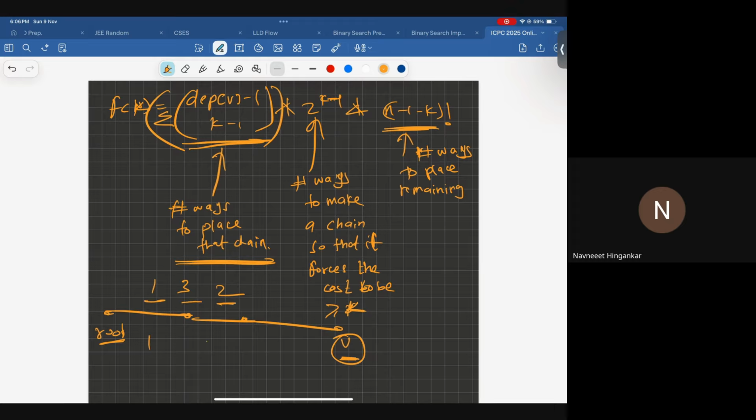So we can place 132 here, or I could place 1, then a gap, then 3, then a gap, 2, or 1, gap, 3, gap, 2, v, something like that. So these are the ways. Hence, depth of v minus 1 choose k minus 1 is the total number of combinations of how we can place 132 in this path, if it is ending at v.